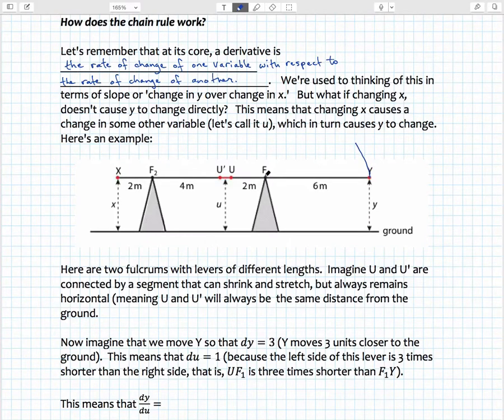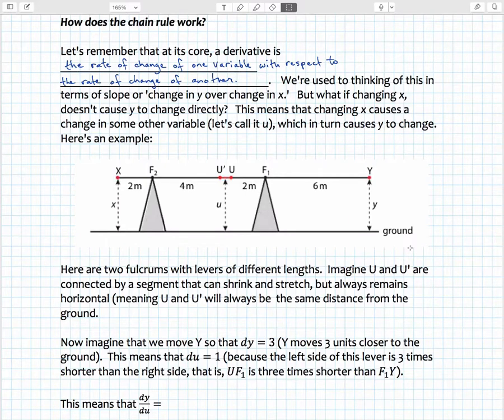So that means our lever would now be up at an angle like that, and our y variable would now be the height of that endpoint of the lever above the ground. Okay, so that's how that would work. Our y is going to move horizontally a little bit, but we're really only interested in the vertical height of that endpoint above the ground. So I'll just erase that now that you get it.